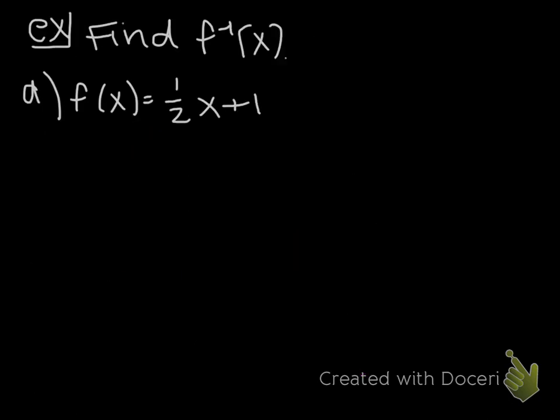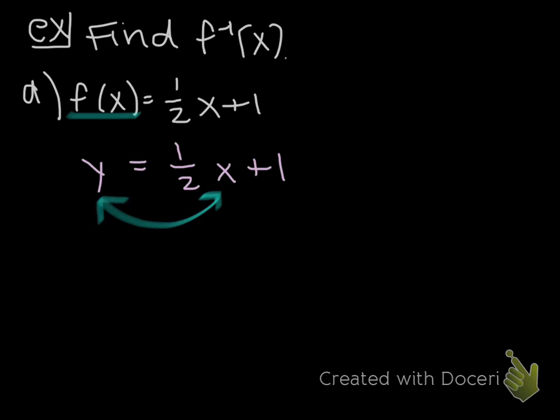For our first example, they are saying that f of x equals 1/2 x plus 1. I'm going to start this problem by saying y equals 1/2 x plus 1. Remember, f of x is a fancy old way of saying y. Now that I have that, I'm going to take my x and y and switch them. So this now says x equals 1/2 y plus 1. Notice I keep the format the same. To get y by itself, I'll subtract 1 from both sides.